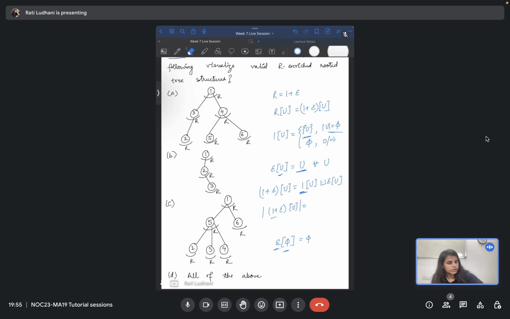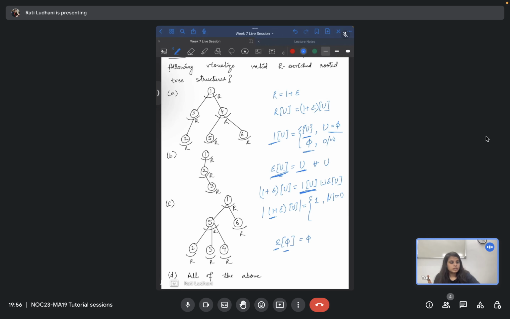Okay, I wrote cardinality. I should not write cardinality. If I'm writing cardinality, then I should write 0. So if U is equal to 5, then there is one structure with one U. So I can write it this way: this will be 1 if cardinality of U is 0, or U is equal to 5, then there is one structure with one U. And for other cardinality of U, if U is not equal to 5, there is no structure from one U, but there are structures from epsilon.